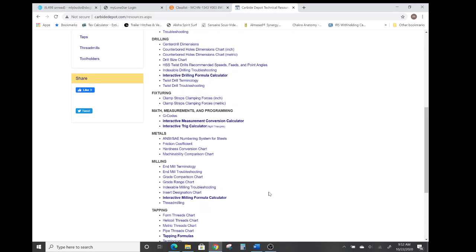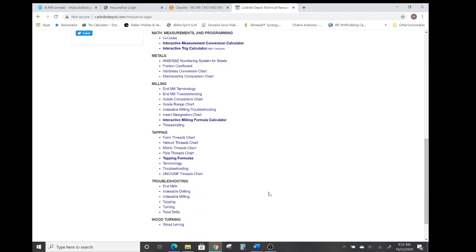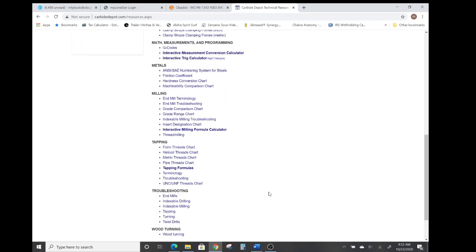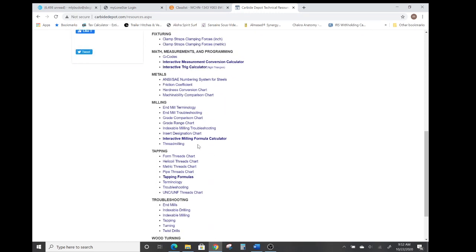Also, there's an interactive milling formula calculator, interactive math, measurement and programming resources. There are G codes, an interactive measurement conversion calculator, and an interactive trig calculator for right triangles only, of course.